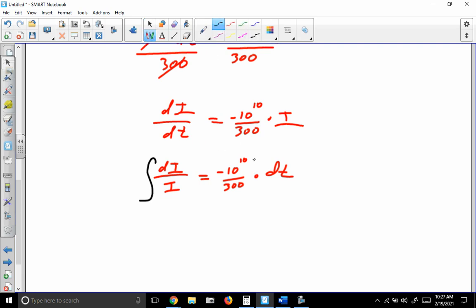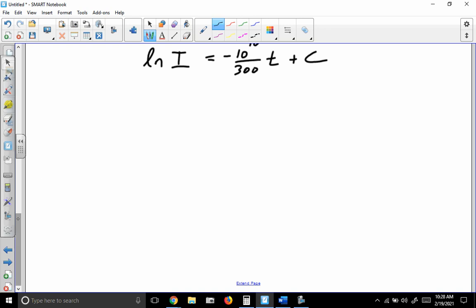So now integrate both sides. When we integrate the left side, that's natural log of the current, and we're going to have a positive current. On the right side, we're integrating a constant, negative 10 to the 10th over 300, so we pick up our variable plus c.